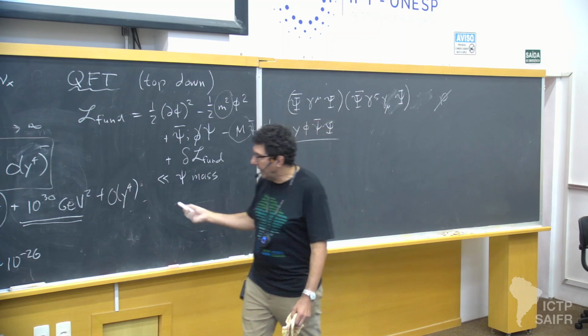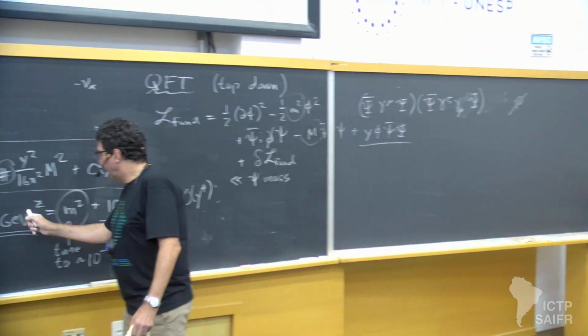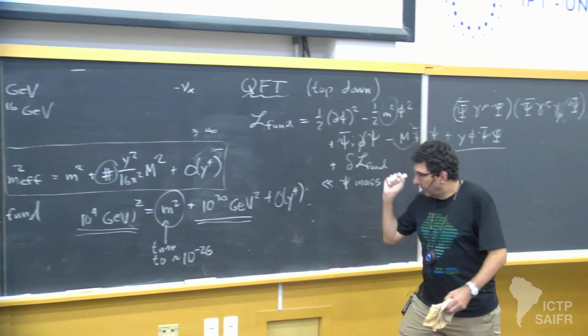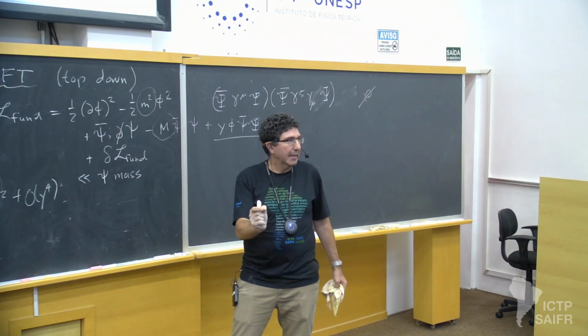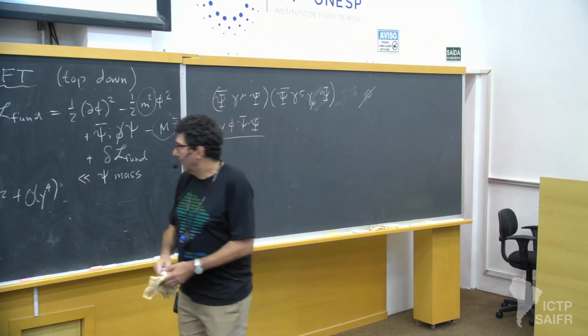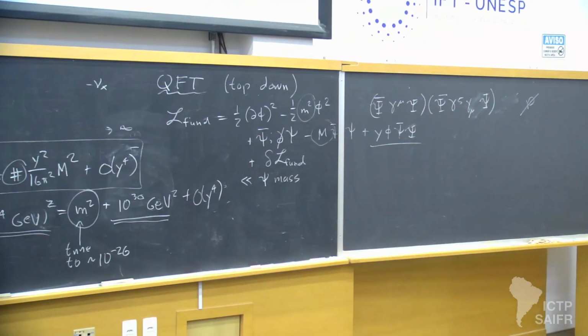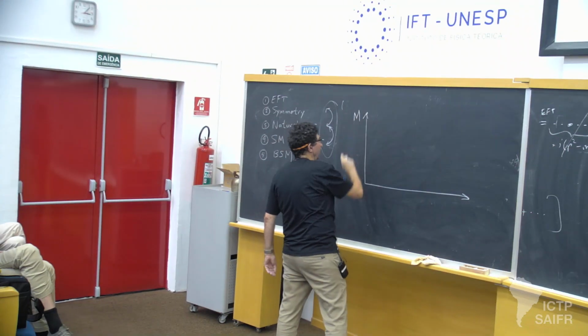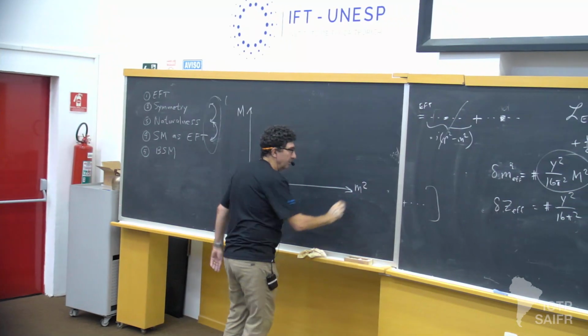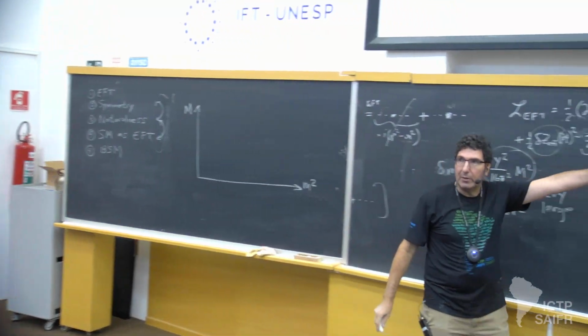And what this is saying is that to get a big hierarchy, we need to be very specially close to some special value. In fact, what is this special value that I speak of? There's some sort of little m star where something happens. So let's look at this theory in the space of the fundamental parameters, capital M and little m squared. Those are my fundamental parameters.